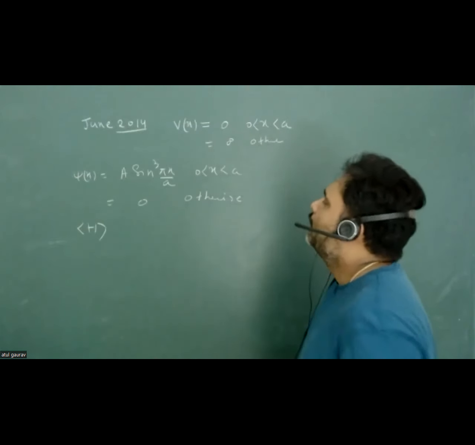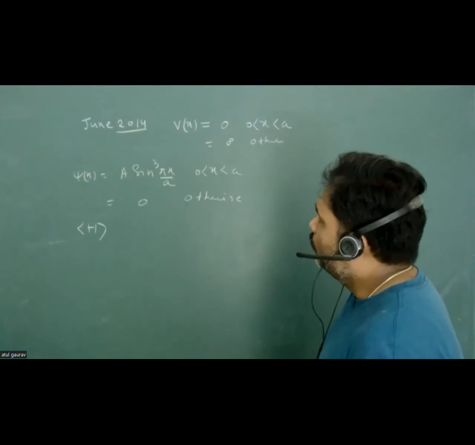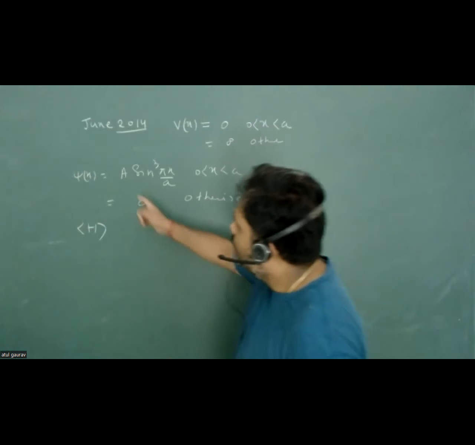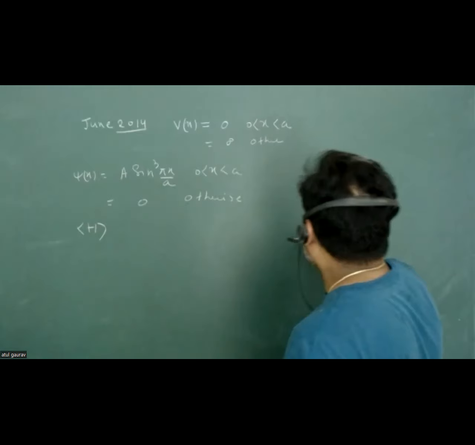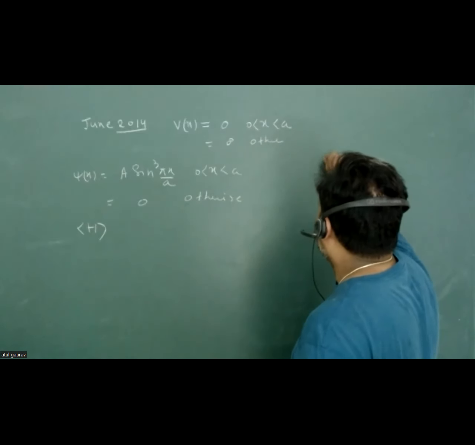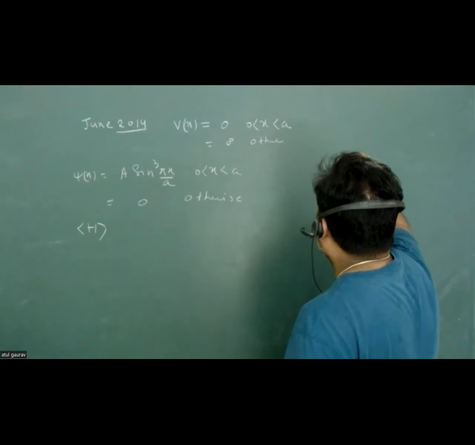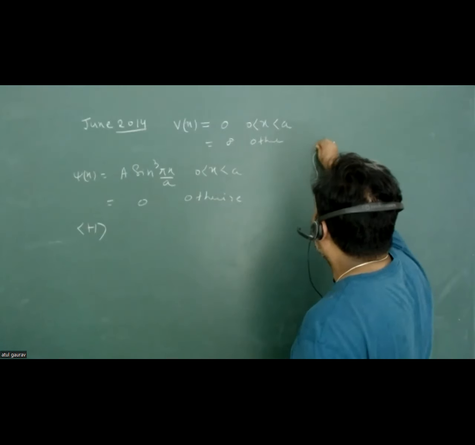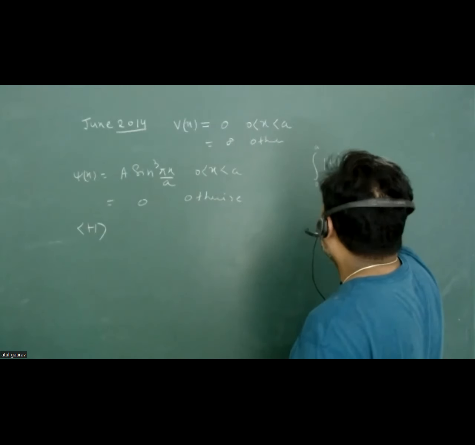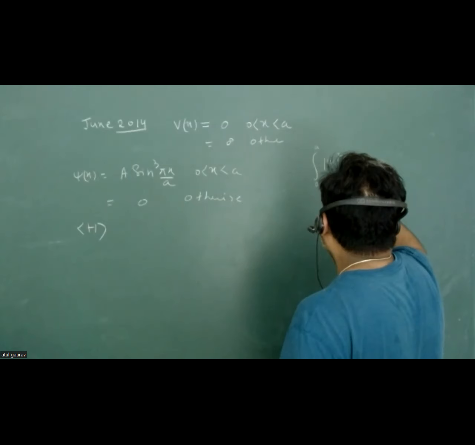What did most of the people do in this problem? Most of the people first find the normalization constant by this formula. Now you can see the toughness of this thing: the integral from 0 to a must be equal to 1.